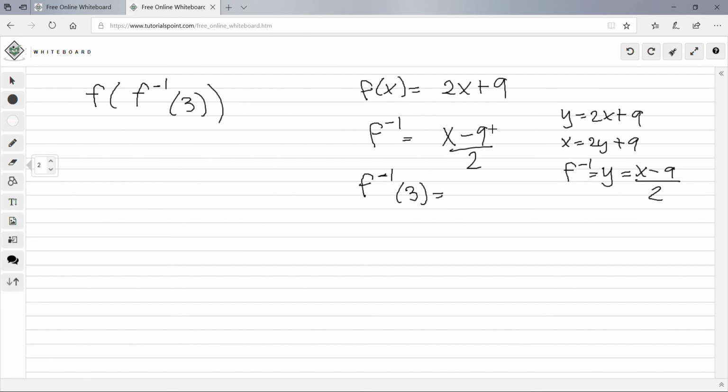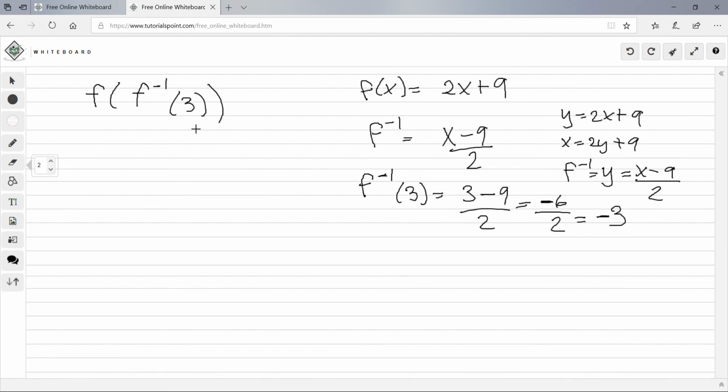So let's look at this function, because that's what f inverse is. You plug in 3, so wherever you see an x, you plug in 3. 3 minus 9 over 2. What is that? 3 minus 9 is negative 6 over 2. So negative 6 over 2 is negative 3.